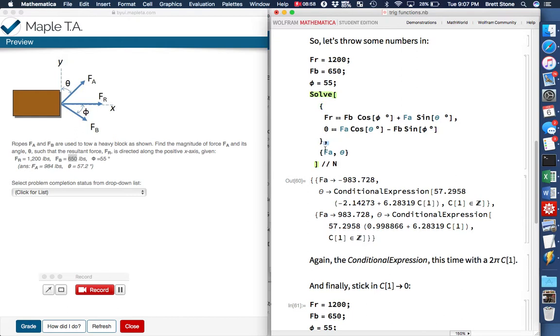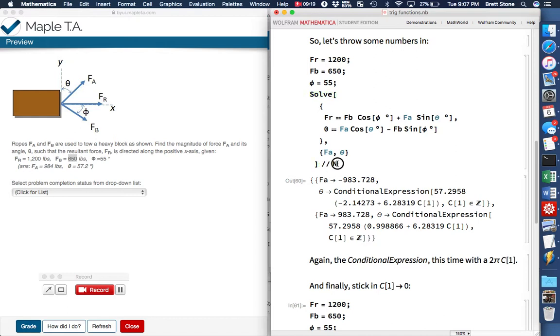And then the comma tells Mathematica that the next thing I'm going to tell you is what I want you to solve for. In this case, that's multiple things, so I'll enclose them in curly brackets, and it's FA and theta.